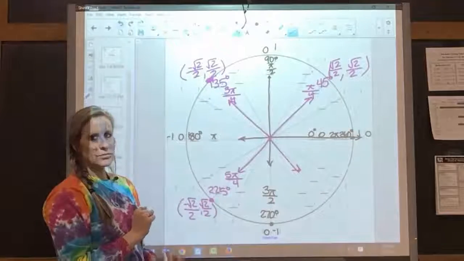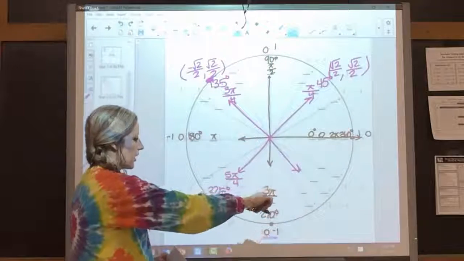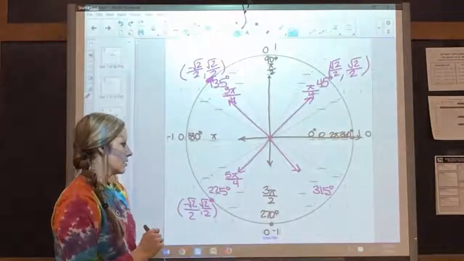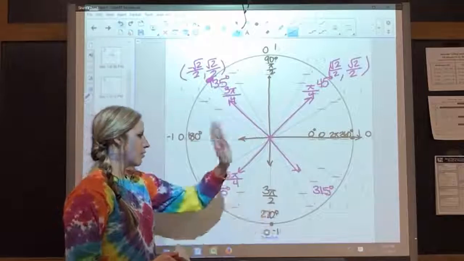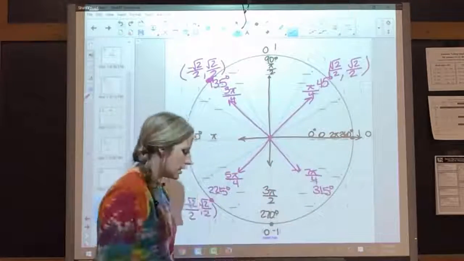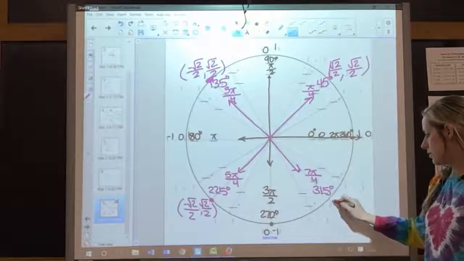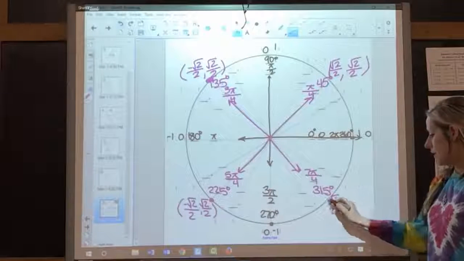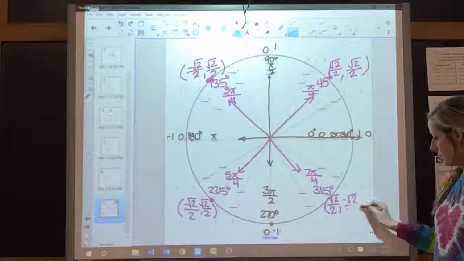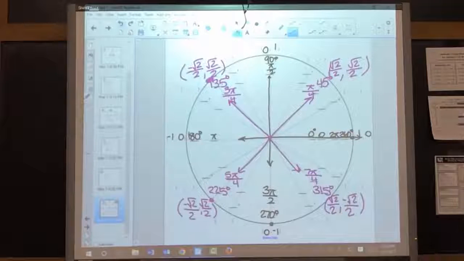All right, and then the last 45-degree angle would be 315 degrees. So you have 5/4, 6/4, 7/4 pi. And this point would be, my x would be positive because I'm on the right side, square root of 2 over 2. And my y is negative because my point is down here. Okay, so that's all of my 45-degree angles.